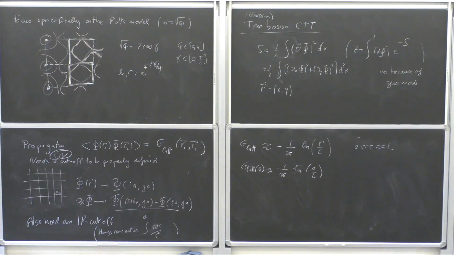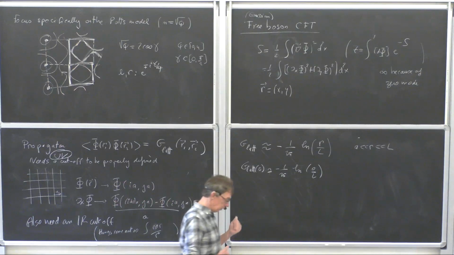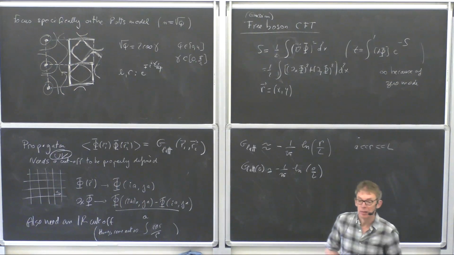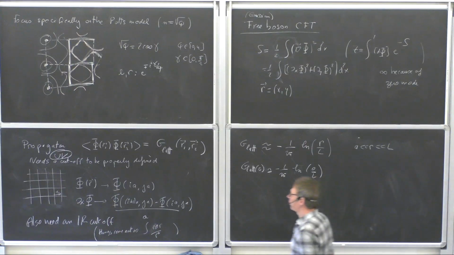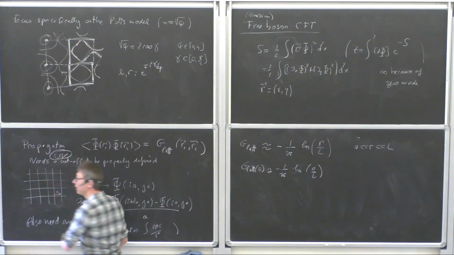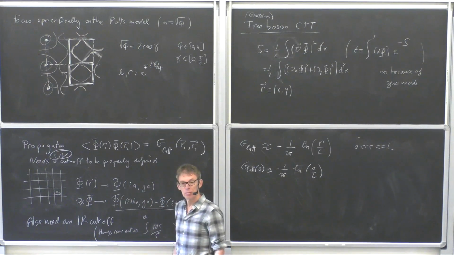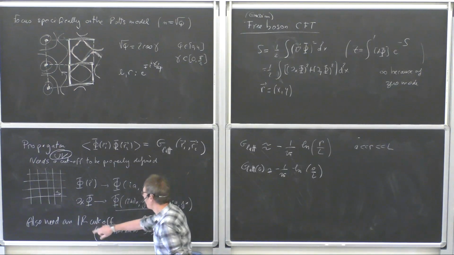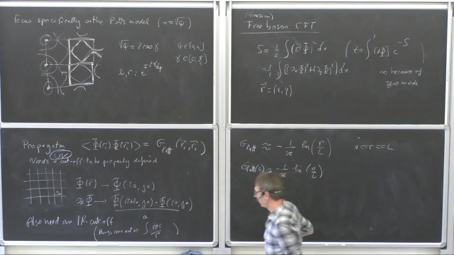And that ultimately is why you're having to worry about not only an infrared cutoff, but also a UV cutoff. So UV cutoff means short distance cutoff. And short distance is a, UV short distance, okay? Infrared means long distance. So that's the size of the system.